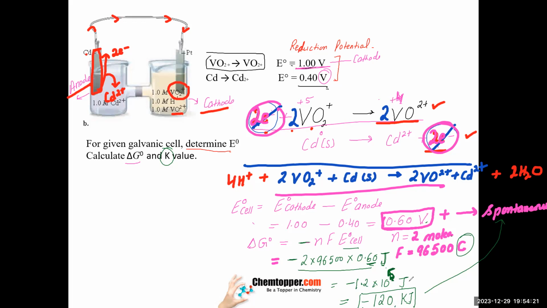So if I multiply this, divide by 1000 to convert that into kilojoules, so it will be 1200. Highly spontaneous process, very high negative delta G, isn't it? No, 1200. So it will be 1.2 times 10 raised to power 2.